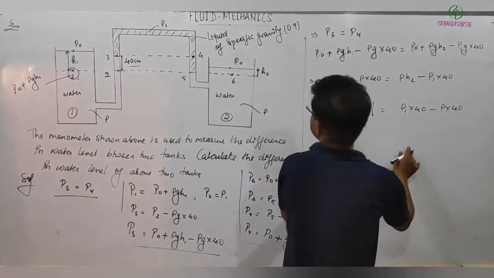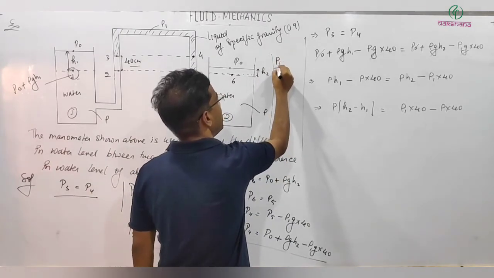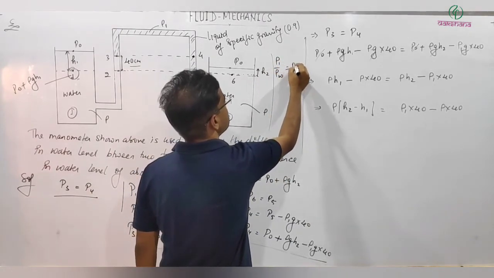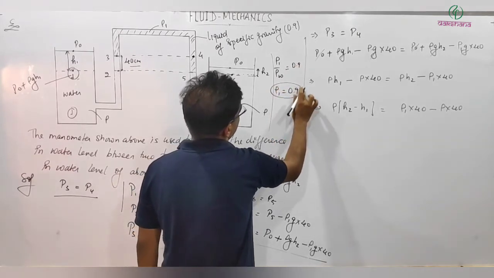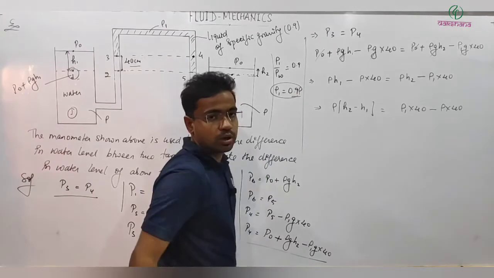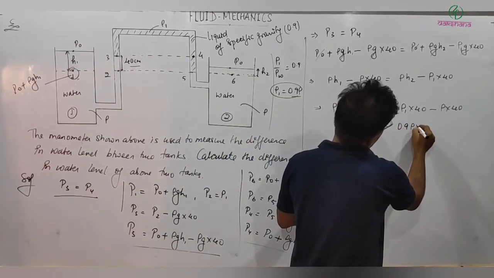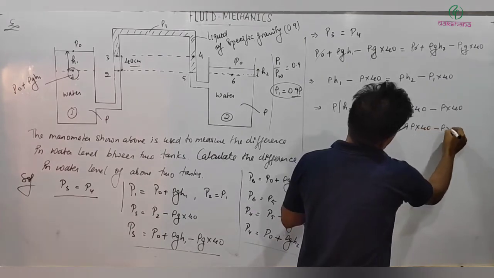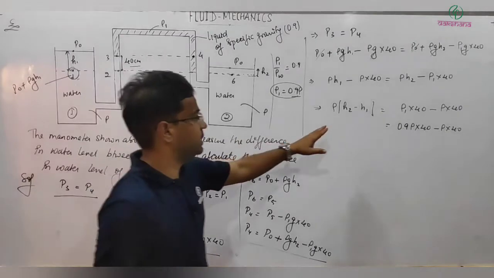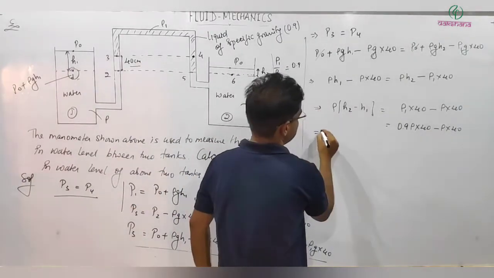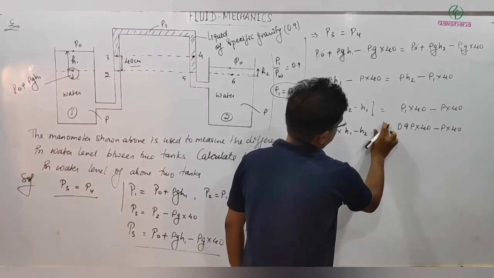And here the specific gravity is given as 0.9. Specific gravity is rho 1 divided by rho water, that is equal to 0.9. So rho 1 is equal to 0.9 into rho, because I am taking rho water as rho. So this is equal to 0.9 rho into 40 minus rho into 40, and here H1 should be higher, so we are taking it as H1 minus H2.